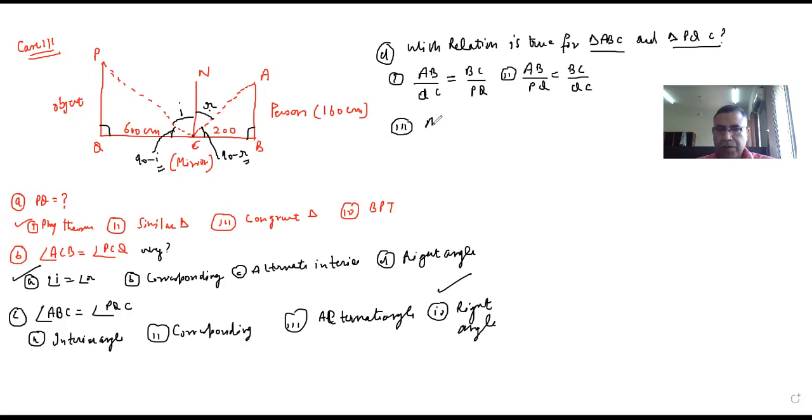Third relation, AB upon PC, PQ upon BC. Fourth relation, BC upon PC, QC upon AC. Kunark Jetli first. After that, Janvi Sadev.